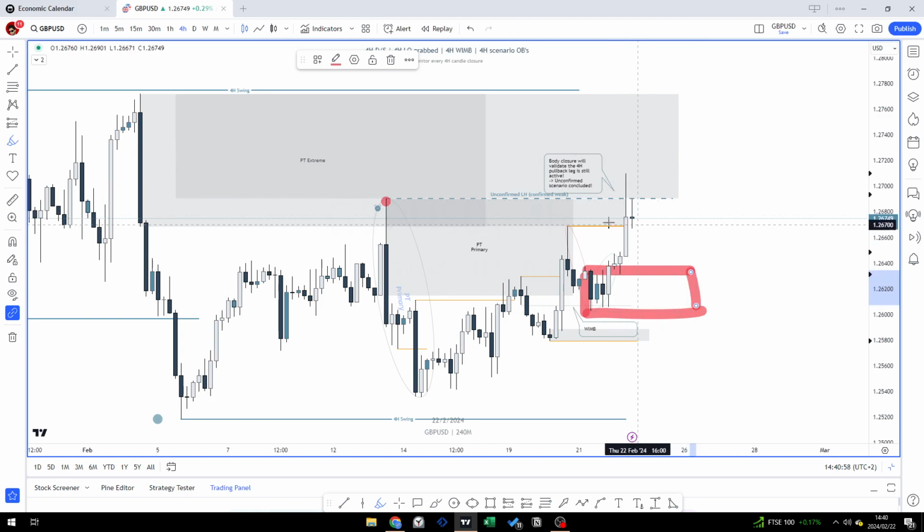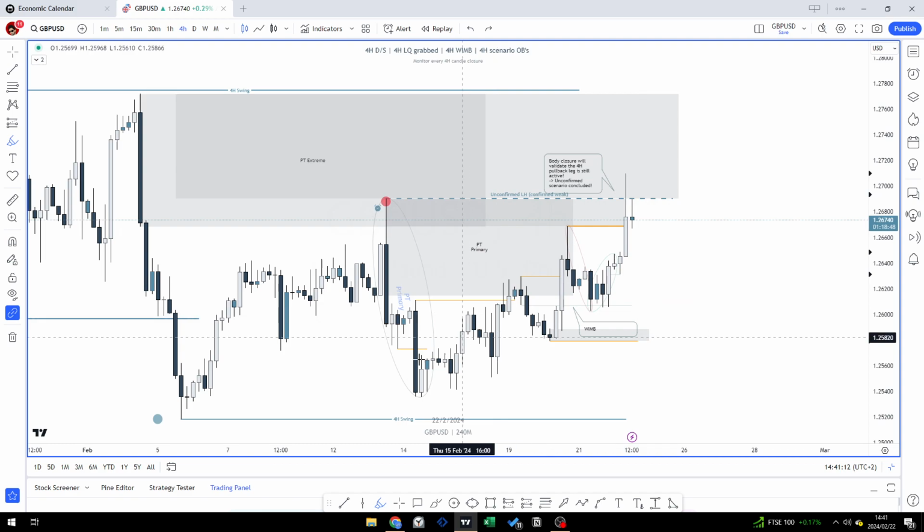And since we haven't validated that the pullback phase leg is extended, instead we just wicked this level, likely confirming that it's probably liquidity. That essentially means that once again there's only reason to short.